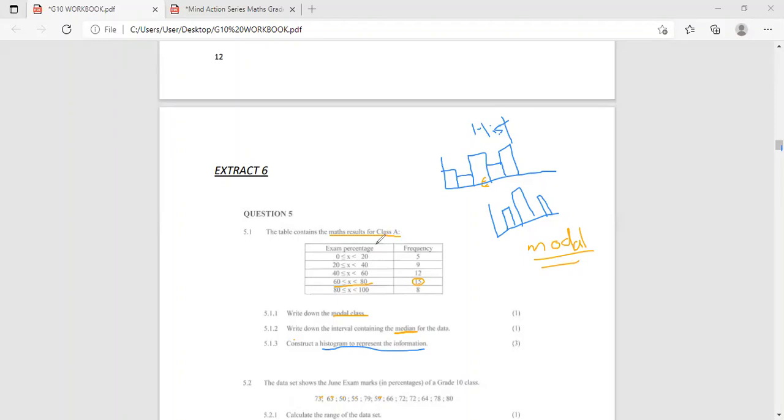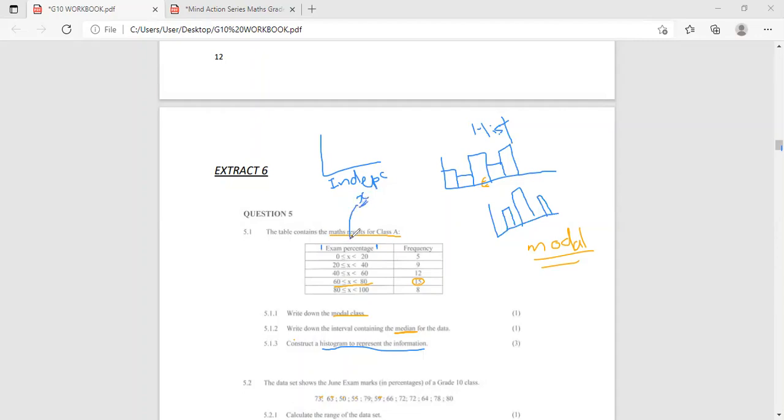I said the first column, always in your histogram, is the independent one, so this is the x axis.